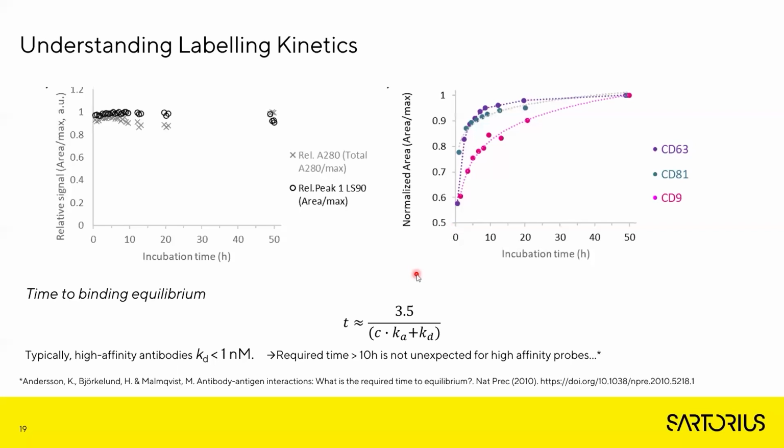The time to equilibrium depends on probe concentration, the accessibility of the binding sites, and the affinity of the antibody. So with high affinity antibodies, the dissociation constant is small, and therefore the required time to equilibrium over 10 hours is not that unexpected.